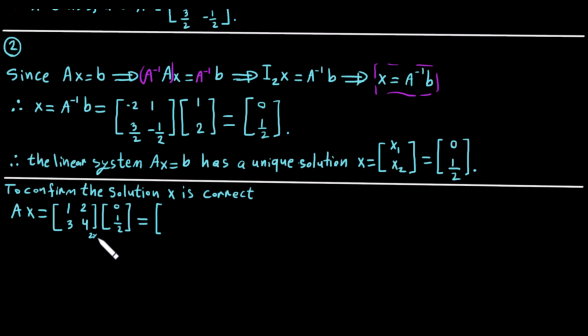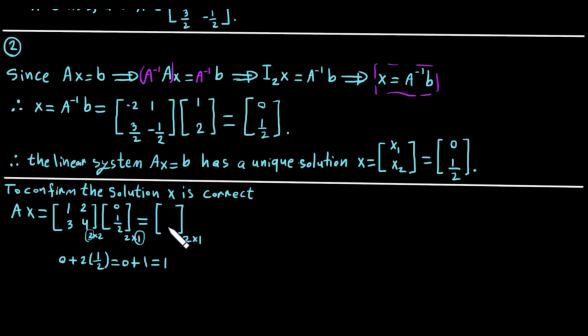Since here 2 by 2 and here 2 by 1, then we have to get 2 rows and 1 column. So here it looks like this, 2 by 1. 1 multiplied by 0, which is 0, plus 2 multiplied by 1 over 2. So it will be 0 plus 1, because 2 multiplied by half is 1. 0 plus 1, which is 1.